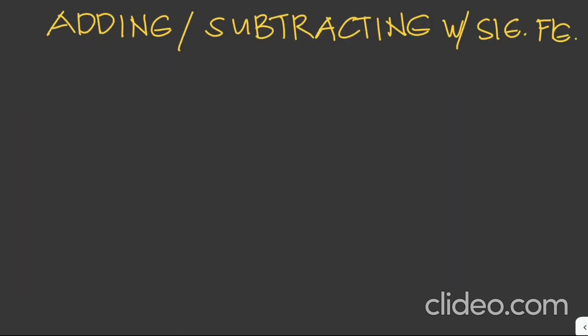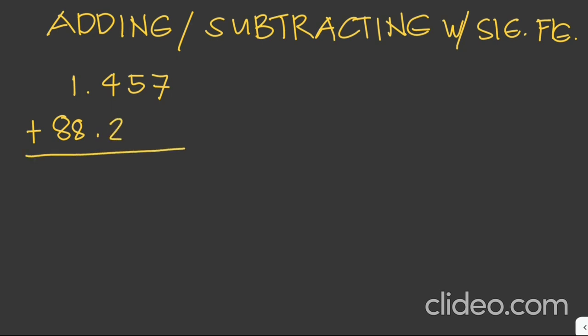So when adding or subtracting numbers with significant figures, the answer should have the same number of decimal places as the limiting term. And the limiting term here is the number with the least decimal places. Say, for example, we're going to add these numbers, 1.457 plus 88.2.